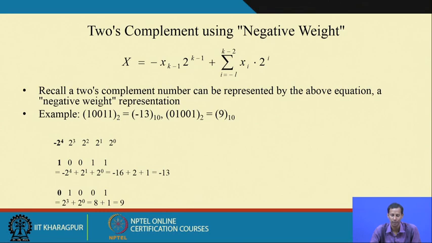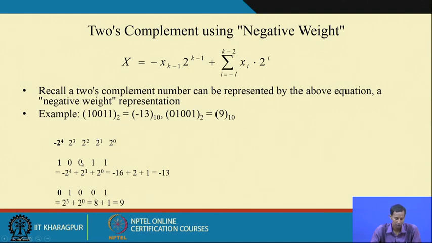What is negative weight? In 2's complement format, the weight of the MSB is negative. Suppose I consider 10011 in 2's complement format; this number represents minus 13.